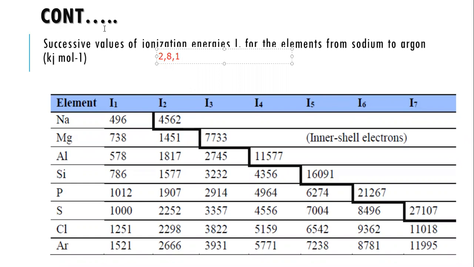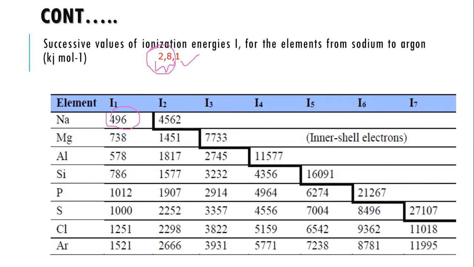By looking at this, you should be very careful: removing one electron is not that hard, so you have a lower amount of ionization energy. But now we step into the highest ionization energy. Why? It's a stable configuration.